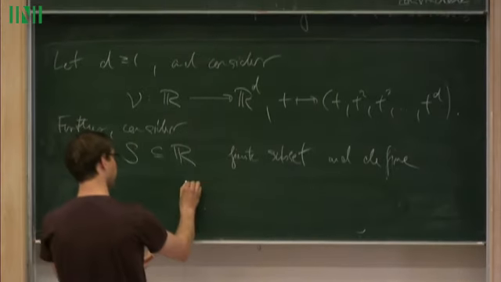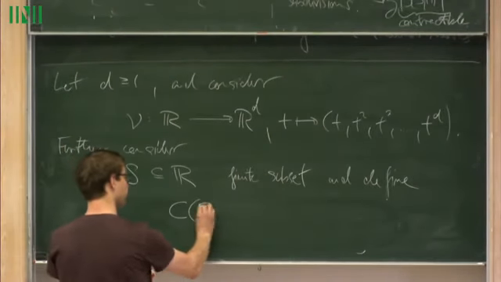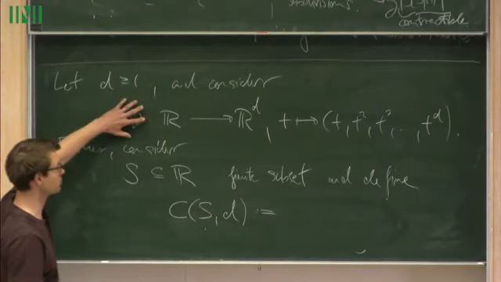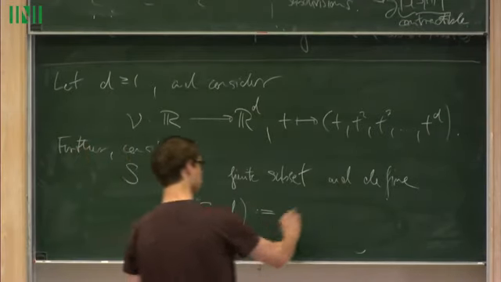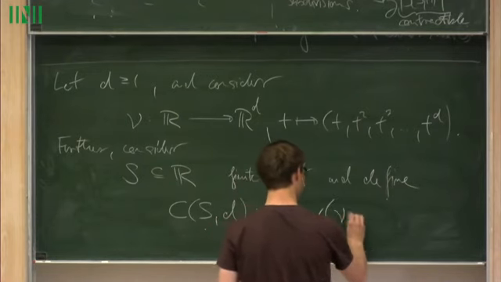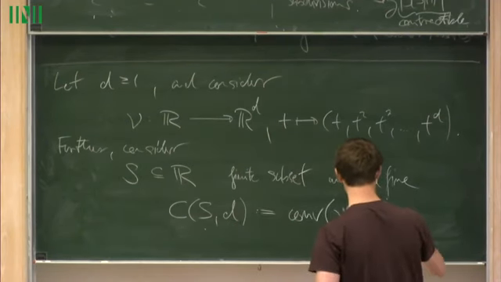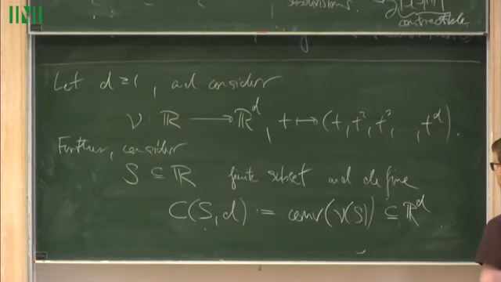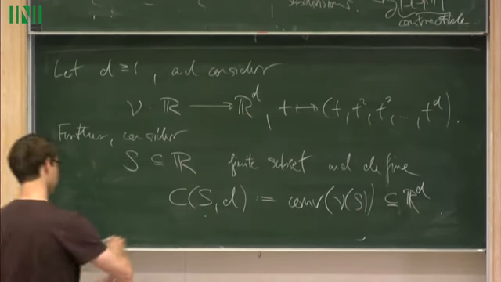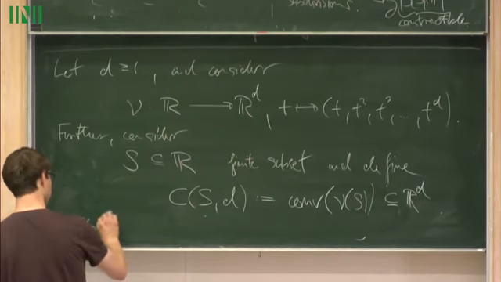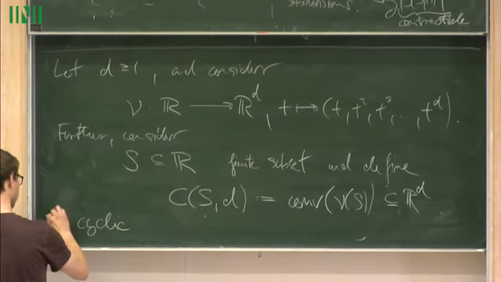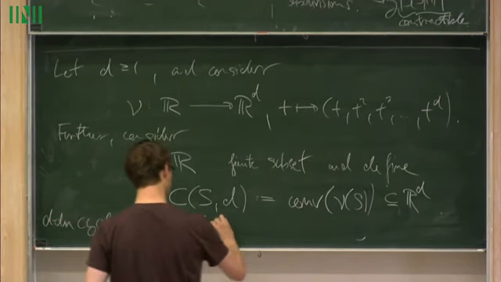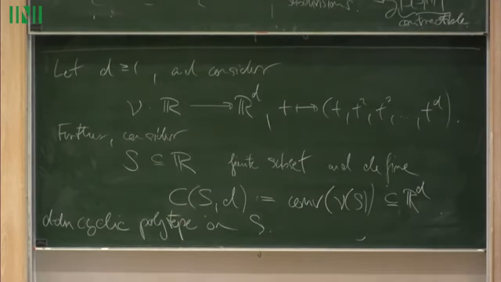We define the cyclic polytope on the collection of these points S in dimension D to simply be the convex hull of the image of these points under this map nu, of nu of S. And so this is going to be some subset of R^D. Okay, and so this is called the d-dimensional cyclic polytope on this set S.